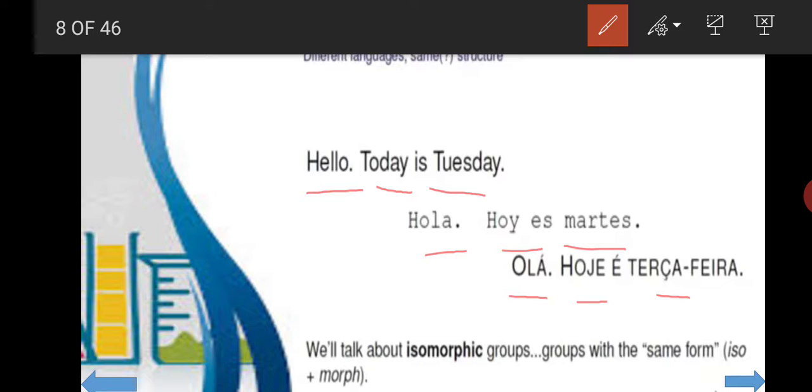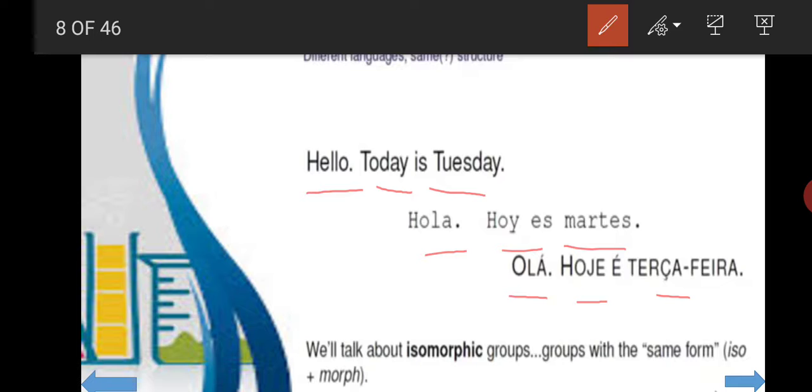Now you'll notice that each of the sentences has the same structure. You have a word for hello in English, hola in Spanish, and olá in Portuguese. You also have today, is, and Tuesday.